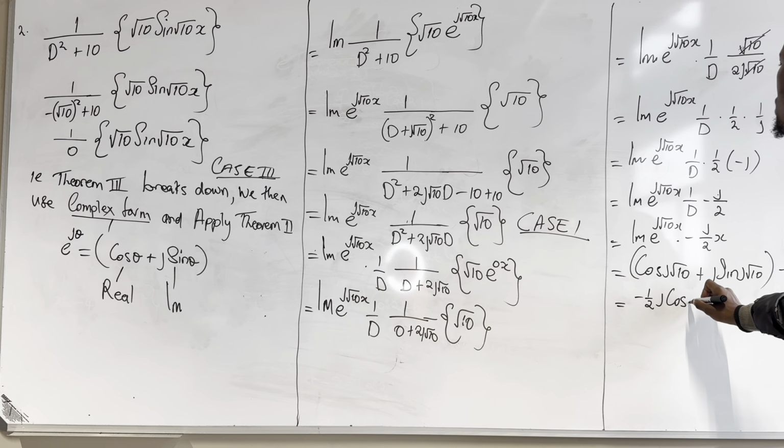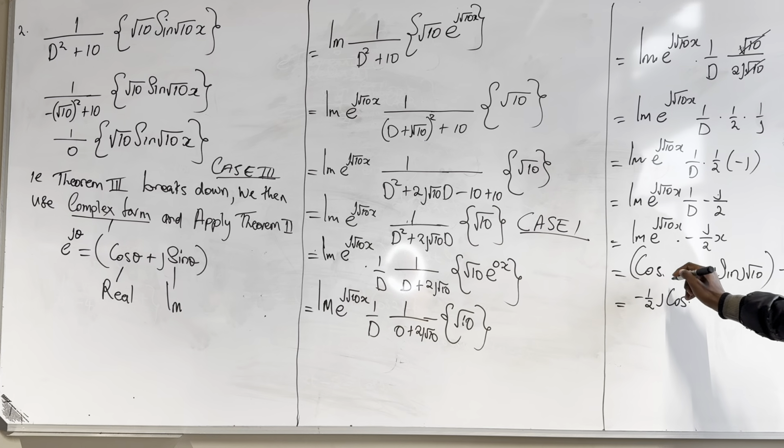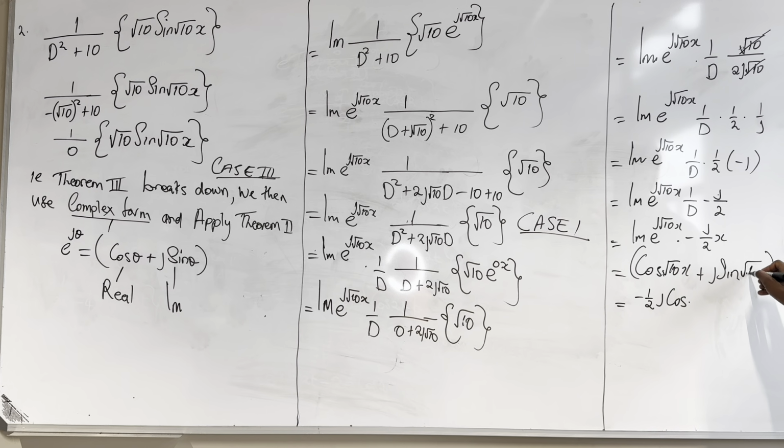So it must be the root of 10, not a root of 10x, and then there is the root of 10x as well. Okay, and then so we have a root of 10x, and then what is this? This will be a minus.